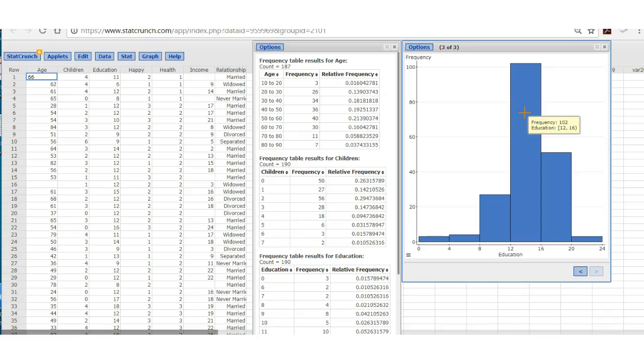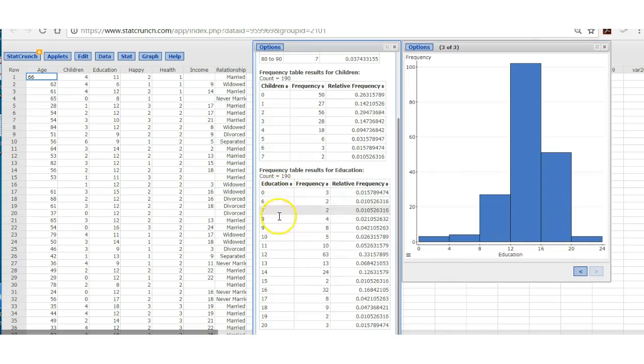So that would be people that finished high school and possibly had 1, 2, or 3 years of college. Then the next highest one is from 16 up to 19. This is people who had from 4 up to 7 years of college after high school. We can see that these other 3 classes had very few respondents. This histogram does something that our frequency table over here didn't do, so this one we didn't have any way to group those together.